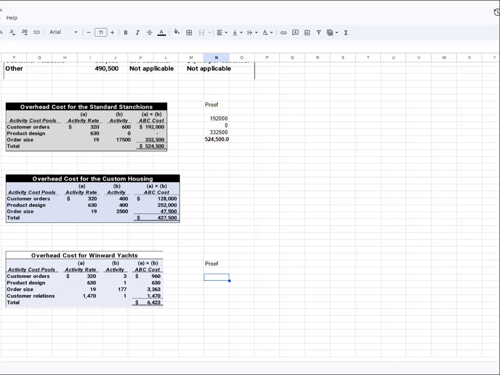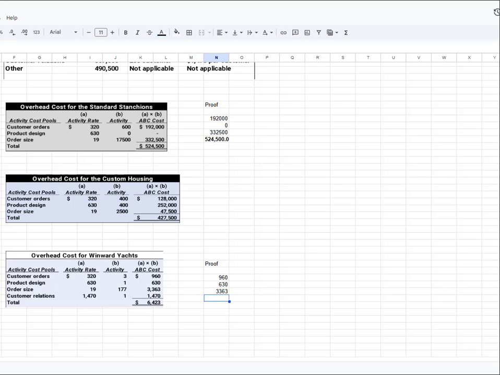For our Windward Yachts, we have our activity rate of 320, and we're going to have 3 customer orders. We have 1 product design for 630. We have an order size of 19, and remember we have 177 per order.